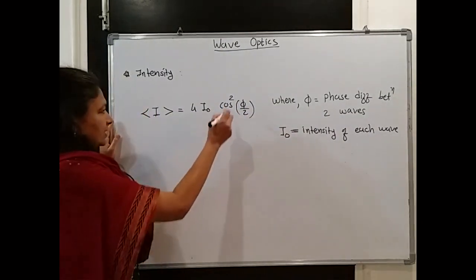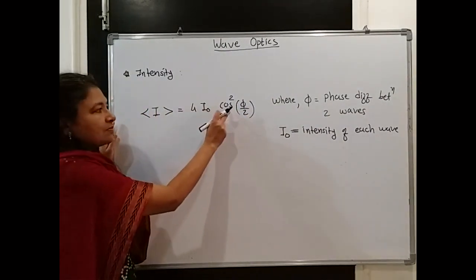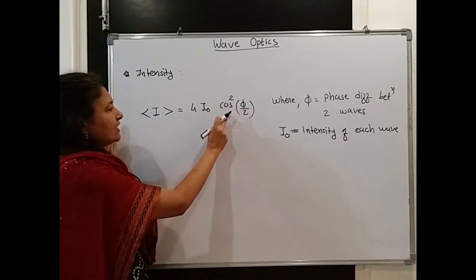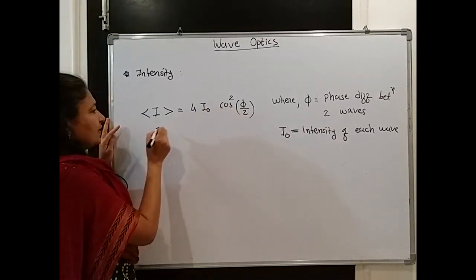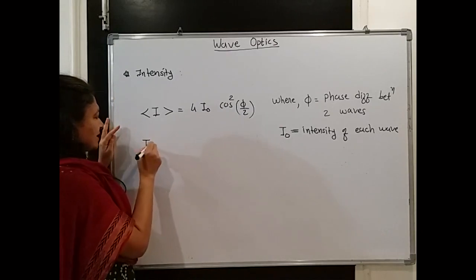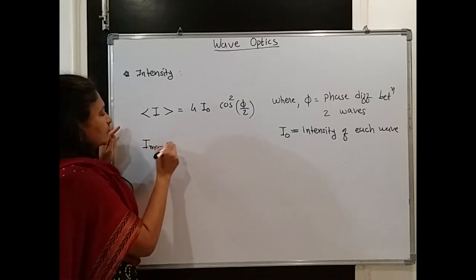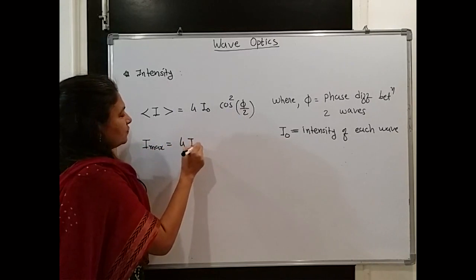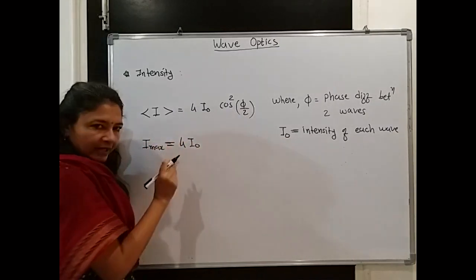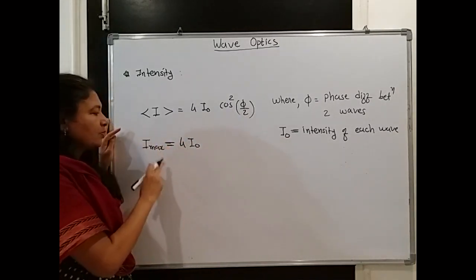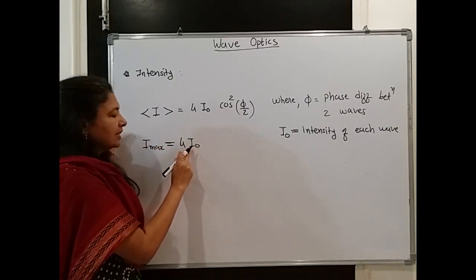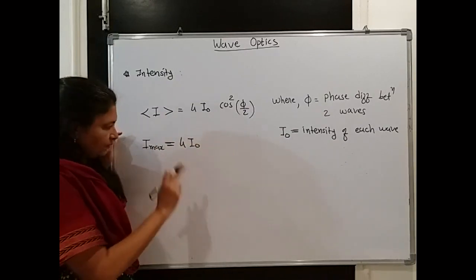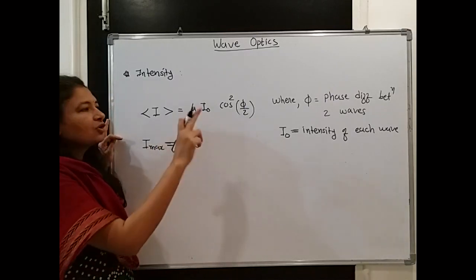We know that the maximum possible value of cos square is 1. So, when cos square becomes 1, the maximum intensity I maximum will be equal to 4I0. Clear? So, the possible maximum intensity is 4 times the intensity of each wave. Here it is the case of two waves.